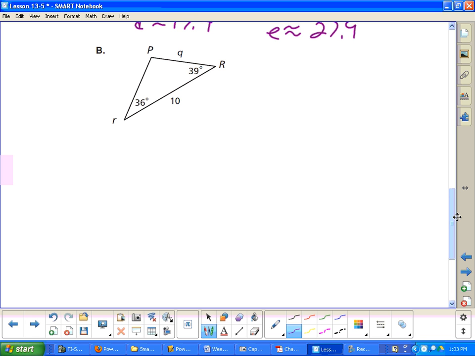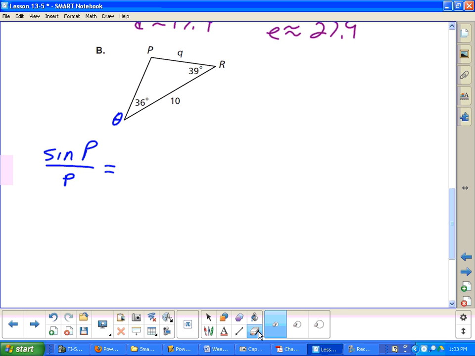The first thing is I'm going to write it with the labels that they give me. Yep, this is Q. Oops, not theta.